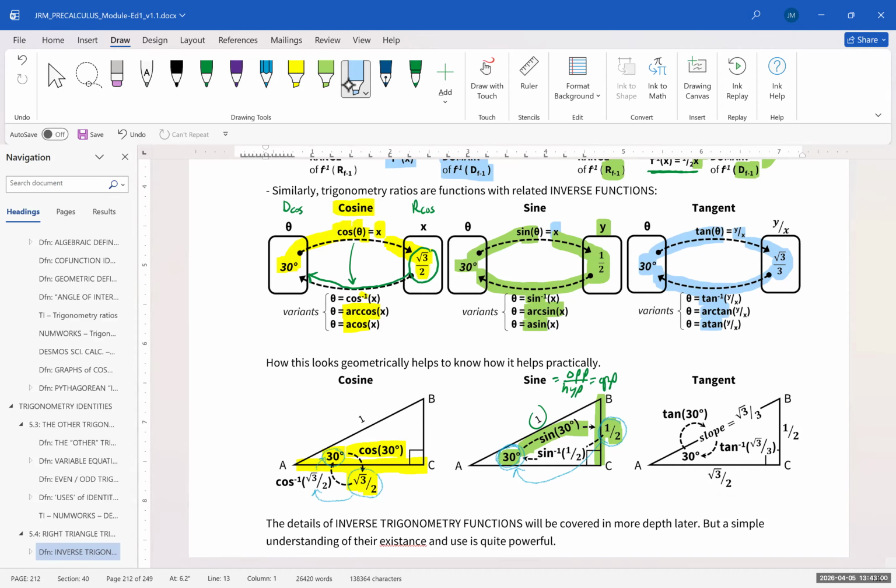And with tangent, if our angle of interest was 30 degrees, and we take the tangent of 30 degrees, that gives us the slope of the hypotenuse. And coincidentally, if we had the slope of the hypotenuse, we could then apply an inverse tangent to it, and that would tell us that our angle of interest is 30 degrees.